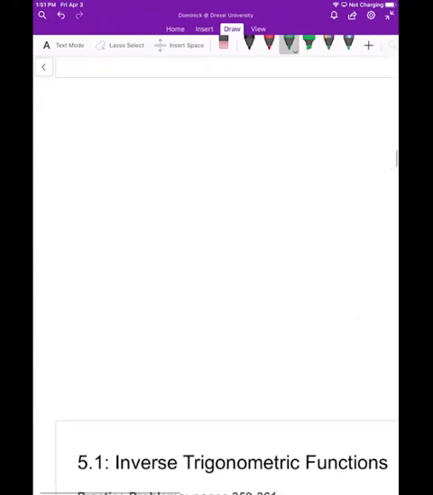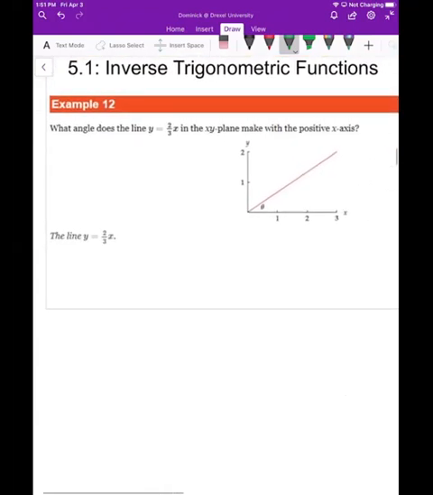All right, and then last but not least, we want to know what angle does the line y equals 2/3 x in the xy plane make with the axis? Well, here we can use the fact that I'm looking at a triangle with a base of 3 and a height of 2, and here's my angle, right? I want to find what that angle is.